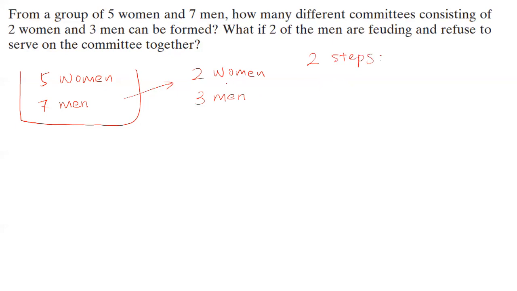So first step is to choose women. That means you have C(5,2) number of ways, right? The second step is to choose men, which is C(7,3) number of ways.